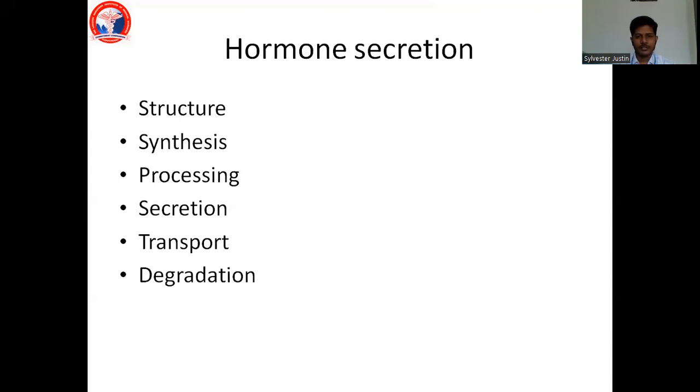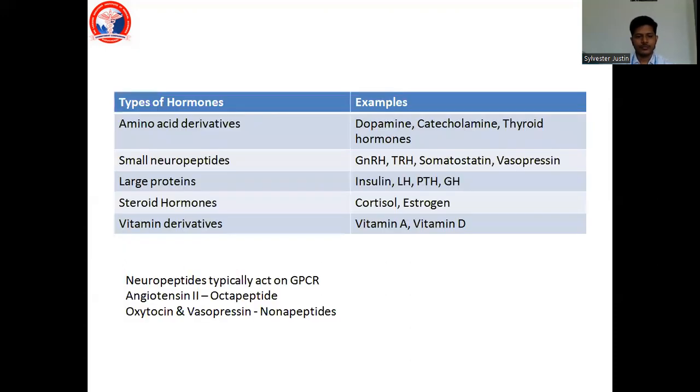Coming to hormone secretion, before we go into that, let's know about the structure of hormones and their synthesis and their processing. Then we'll talk about how they are secreted, transported, and how the action is brought to an end by degradation. So structure-wise, hormones can be amino acid derivatives like dopamine, catecholamine, and thyroid hormones.